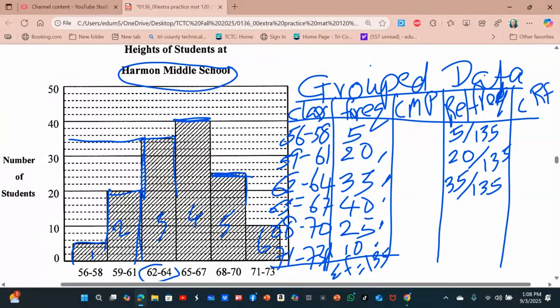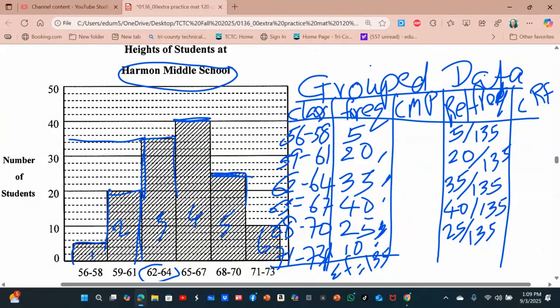The relative frequency of the fourth class is 40 over 135. Now, what is the relative frequency of the fifth class? The frequency of the fifth class divided by the total frequency, so 25 divided by 135.